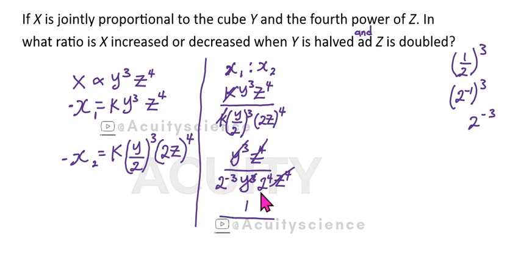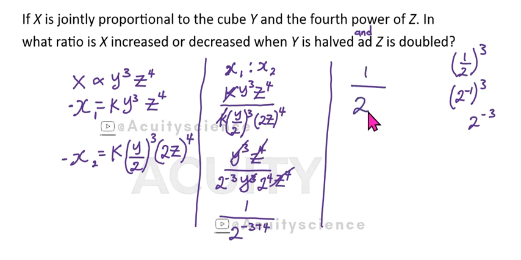by indices, there's a common base here, 2 and 2, and it's a multiplication sign because they are actually multiplied. So we add the powers minus 3 plus 4. So we have 1 over 2 to the power minus 3 plus 4, which is 1, so 1 over 2, which is 1 is to 2.